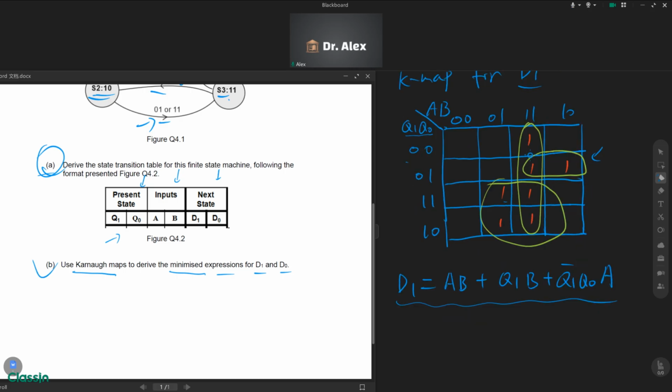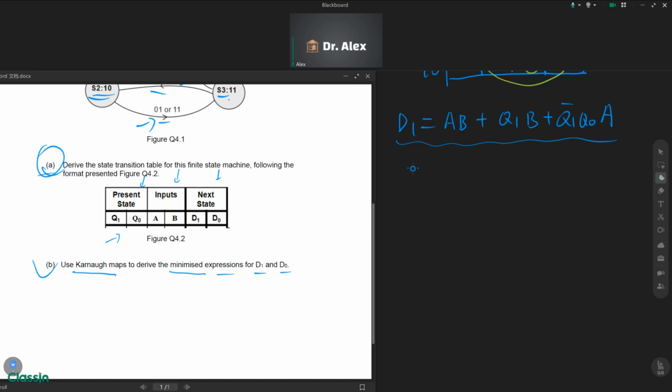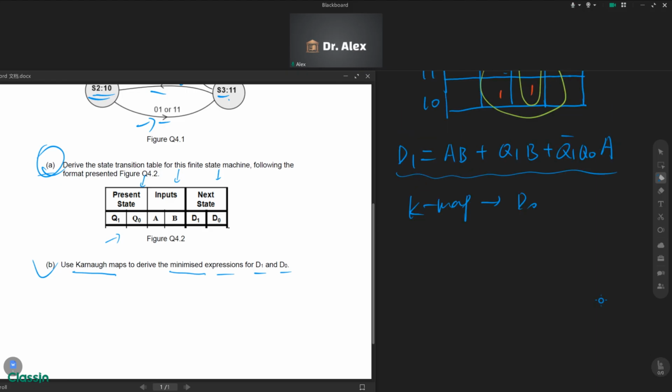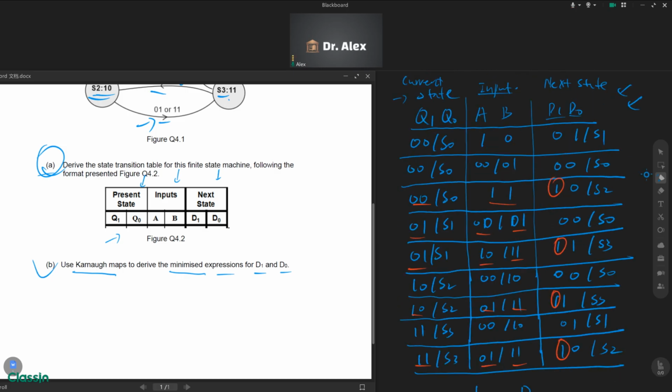Similarly, we will write the K-map for D0. We just repeat the similar way. We use another color. We will find the cells where the value is 1 for D0. So this is 1, this is 1, this is 1, this is 1.